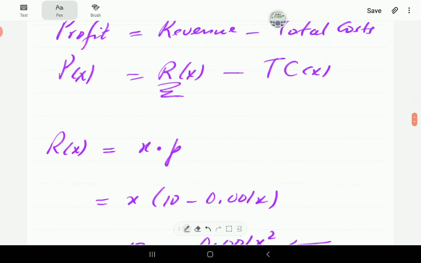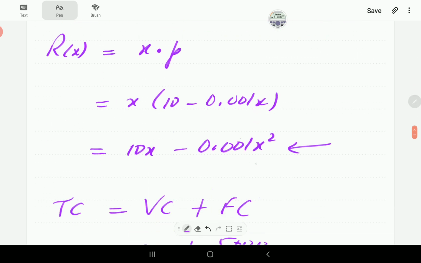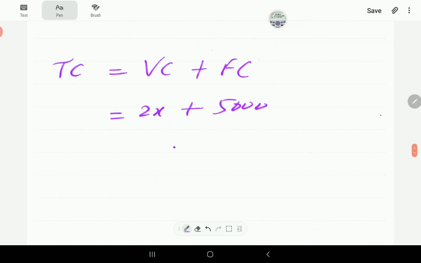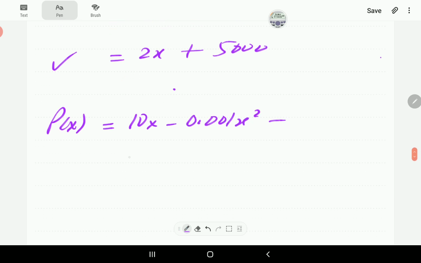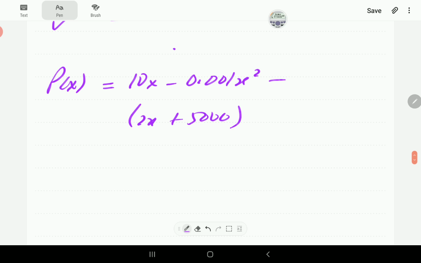So that means the profit is going to be this function minus this function. So the profit is going to be 10x minus 0.01x squared, take away 2x plus 5,000.